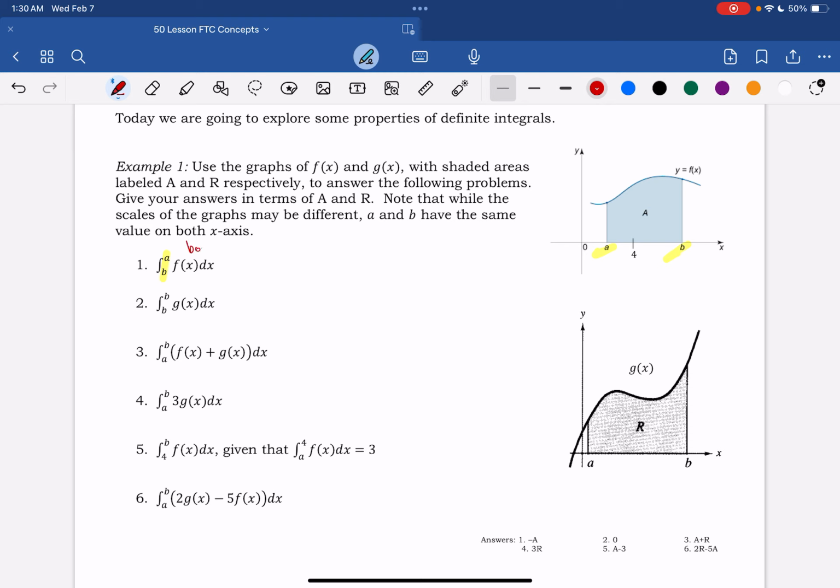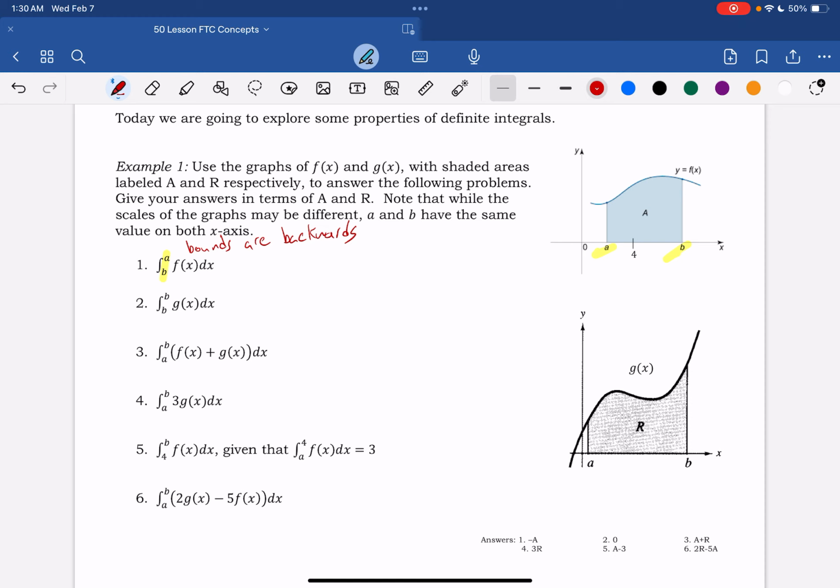So we can see that our bounds here are reversed. The bounds are backwards. What that tells us is that any area that's above the x-axis is going to result in a negative number for that area. It's okay to have a negative area in this sense because we're saying it's the area underneath the curve, but it's not really an area in the sense of the area of a circle.